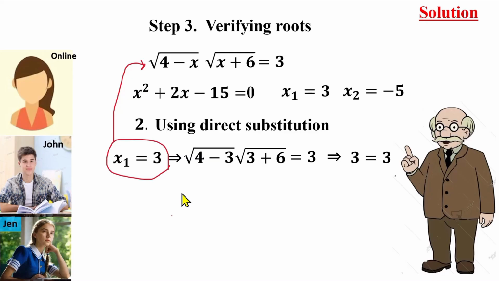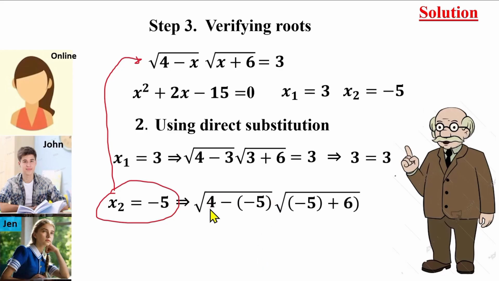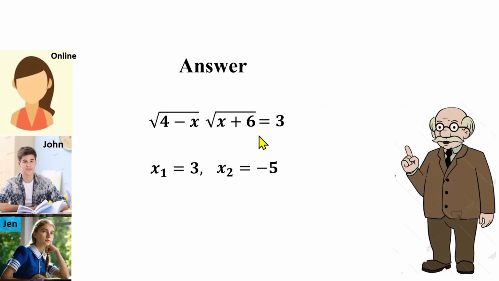We do this with the second root. Now we have here 9, here 1. Again 3 equals 3. And the second root is also correct. Both roots are correct. Now we can write the answer.